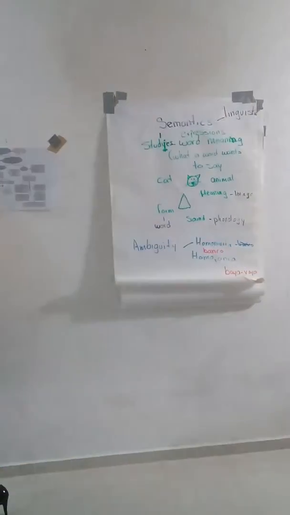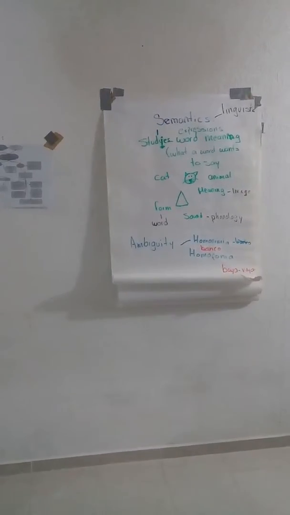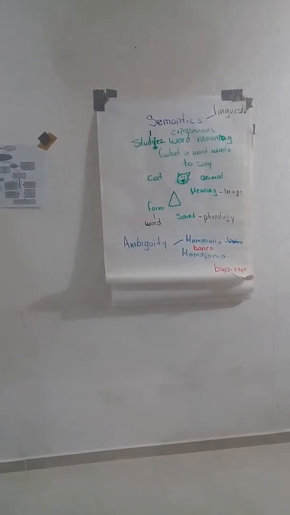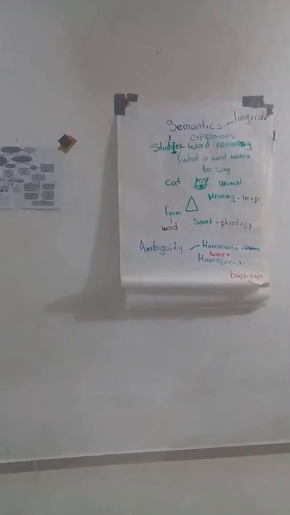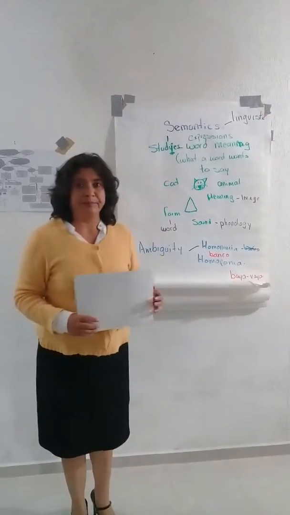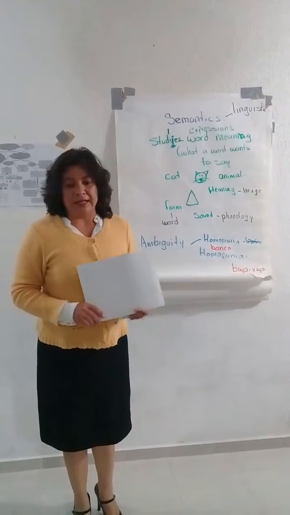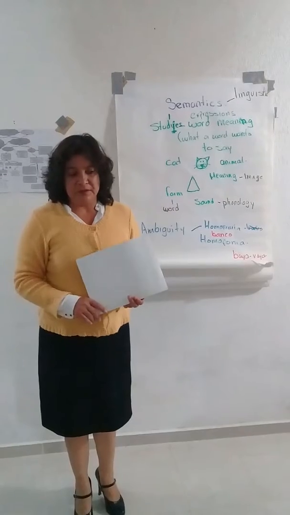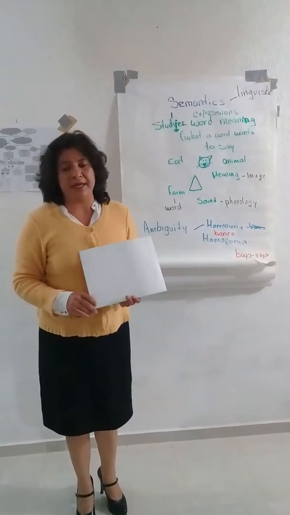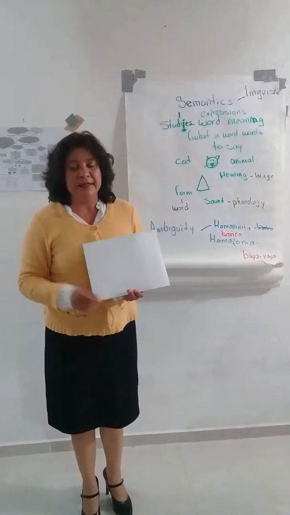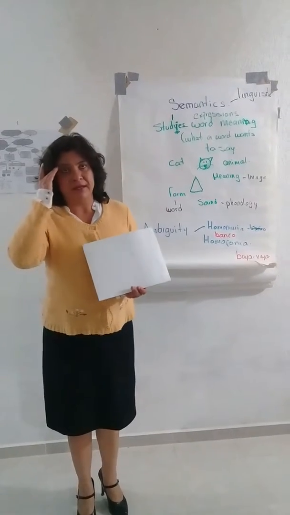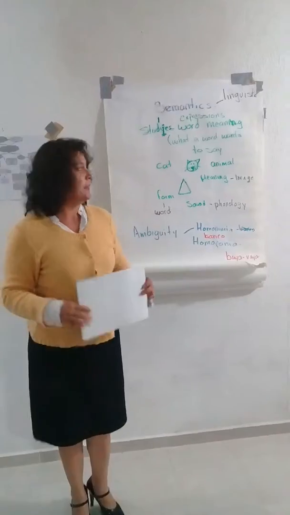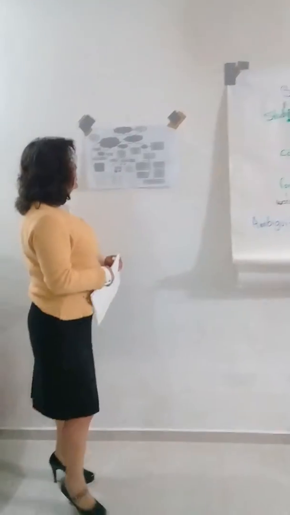For instance, I have a picture here, and if I pronounce the word cat and I don't have the cat in front, the person I am telling the word cat is going to imagine in his or her mind a cat, an animal.